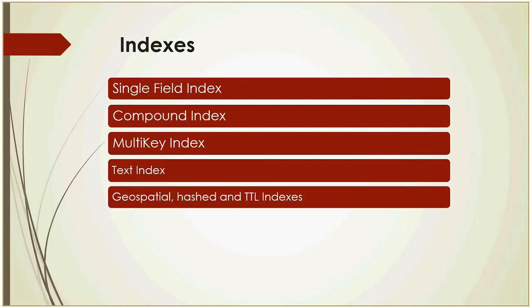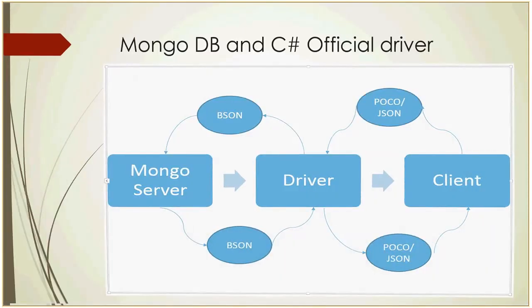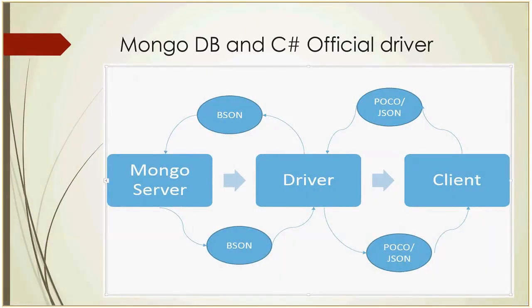The next thing I would like to talk about is our drivers that connect to Mongo databases. So we'll talk about the C# official driver. When we want to request a document from a MongoDB, it returns a BSON document, and the driver transforms that into a POCO or JSON, whichever the client expects.